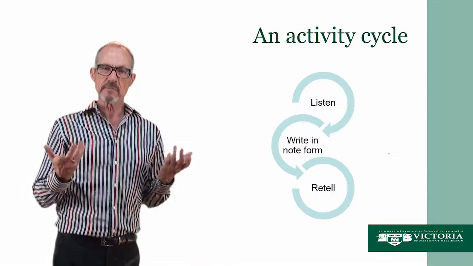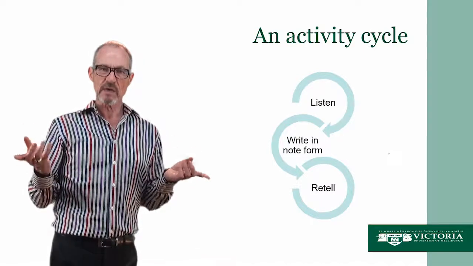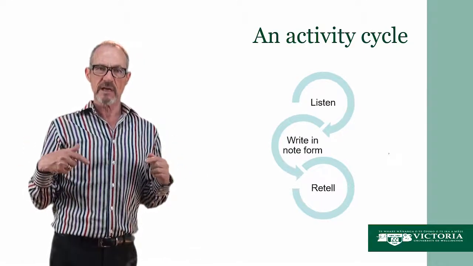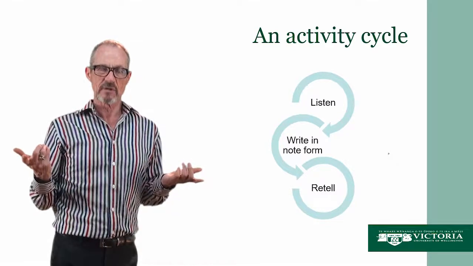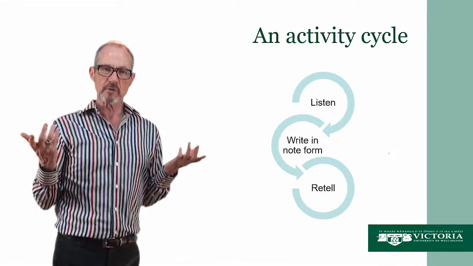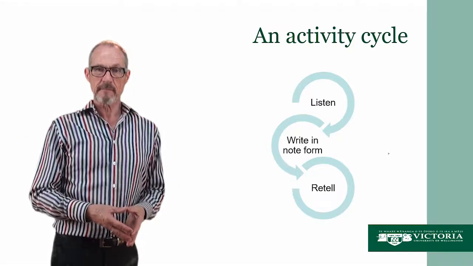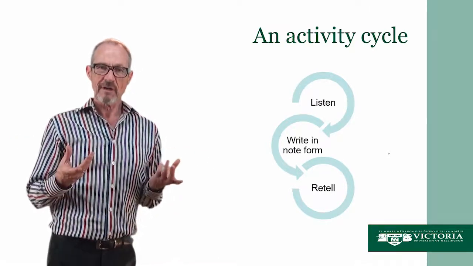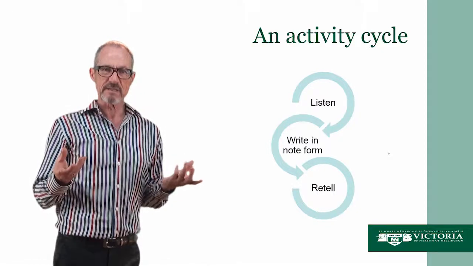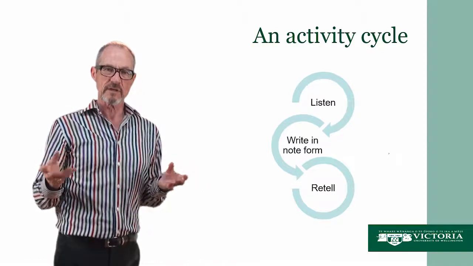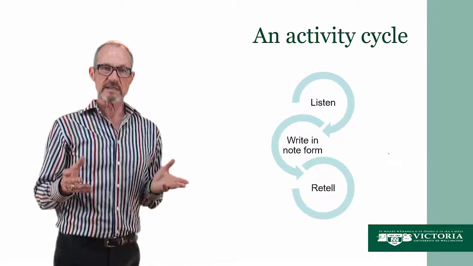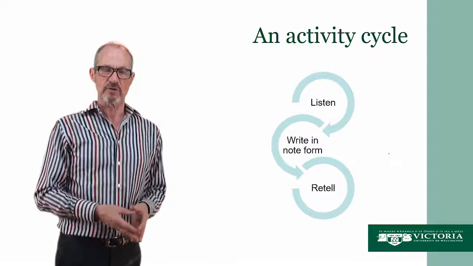So it gives learners multiple opportunities to hear target language and to use target language. And because there are multiple opportunities, learning is more likely to happen. For the teacher, observing the student's success in creating the information transfer is a very quick and easy way to gauge comprehension.